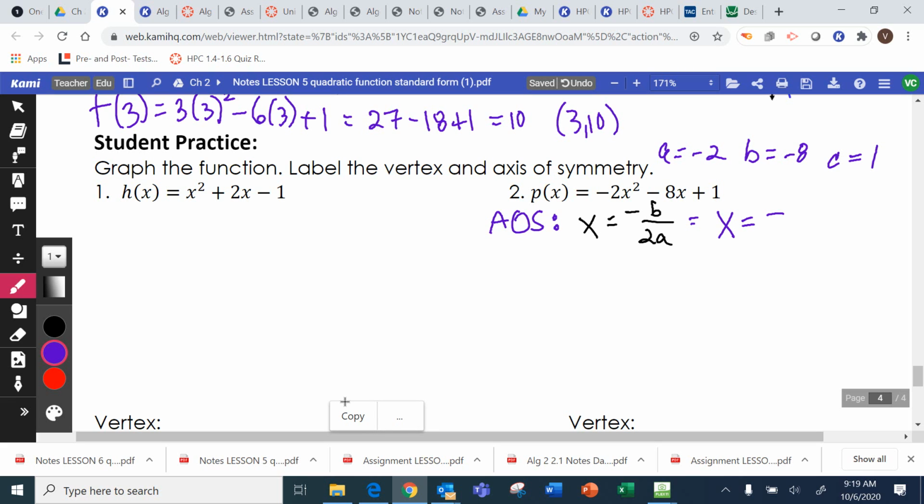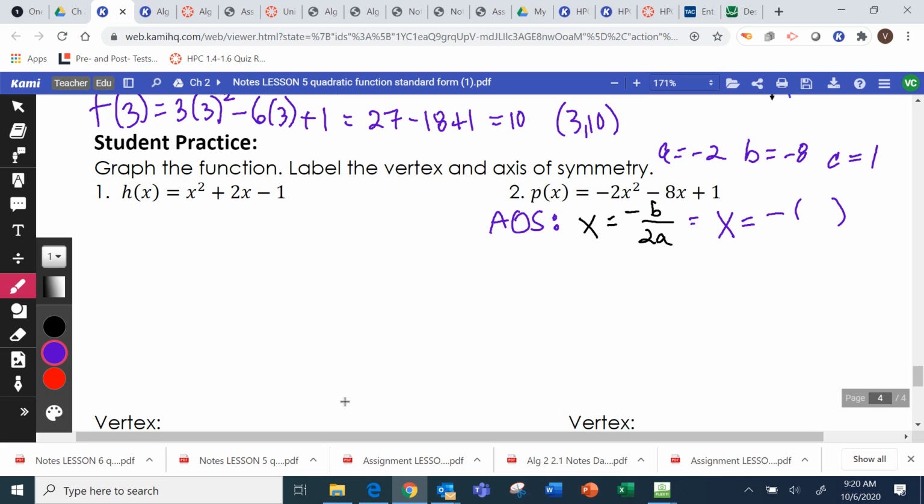negative. Now we have to go with B. Macy, what do I put on top? I'm putting B on top. So what number is B? I wrote it right above where I'm going to plug it in.